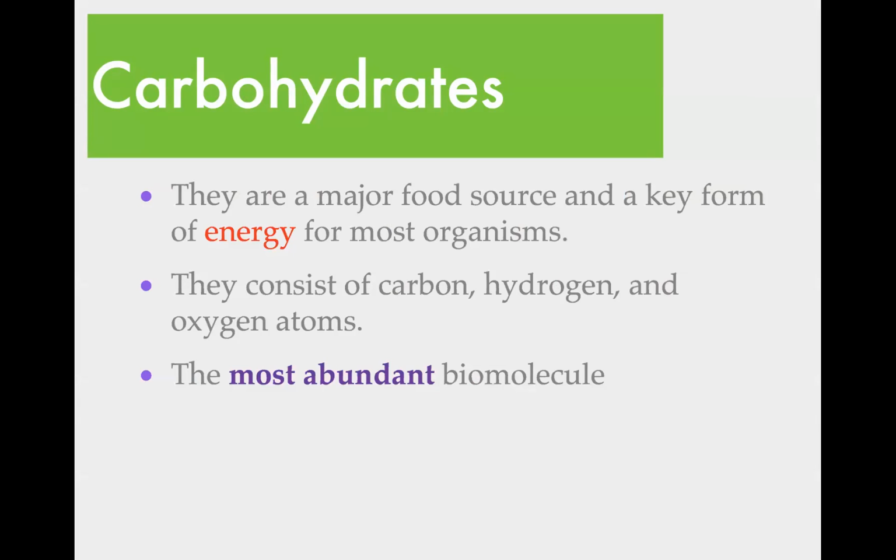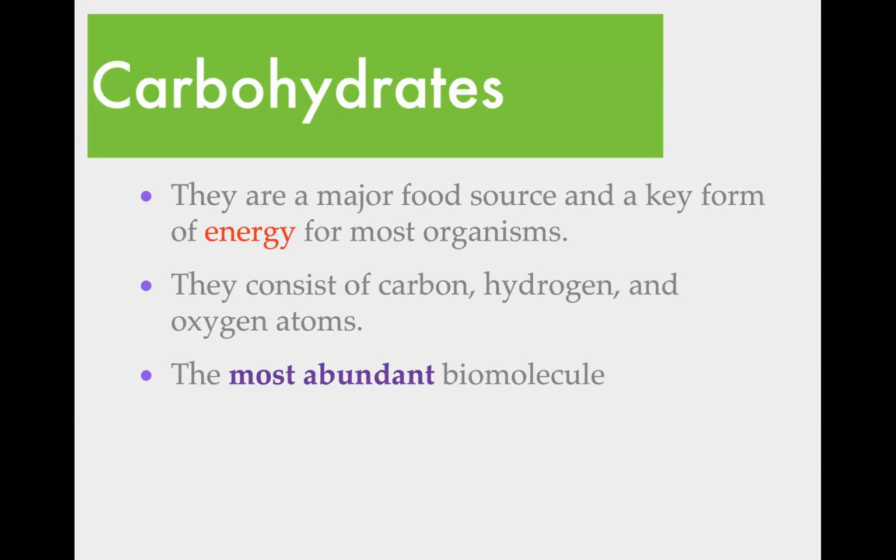When you get into some of your higher level courses, if you take microbiology with me, we'll have a whole other conversation about this requirement for growing microorganisms. The elemental makeup of carbohydrates is typically carbon, hydrogen, and oxygen atoms. Write that down. Carbs are the most abundant biomolecule available.